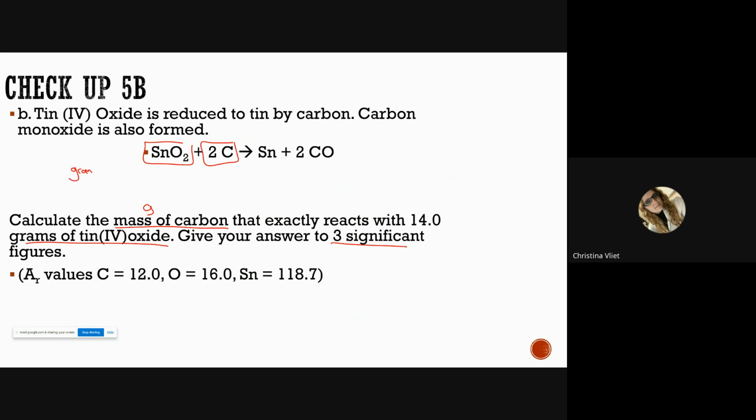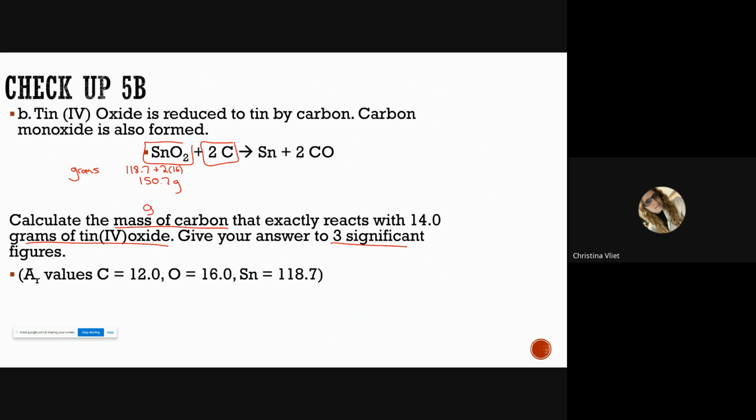What would the grams of SnO2 be? Grams of SnO2. Tin is 118.7. And 2 oxygens? 32. So 32 plus 118.7 is 150.7.